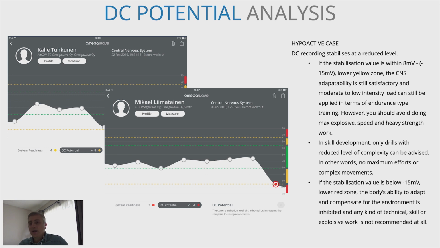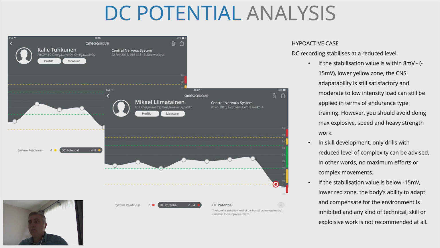So technical work of explosive activities during the phases of low functioning DC potential would not be advised. For precisely the same reason, maximum velocity activities would not be advised based on low DC potential, as we already know that the ability to recruit highest threshold muscles will be somewhat inhibited.